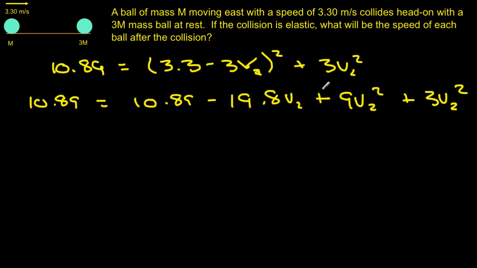So now we'll do some simplifying here. We can subtract this over to the other side. When we do, they all cancel. So this will become 0 equals 12 v2 squared, that's these two added together, minus 19.8 v2.